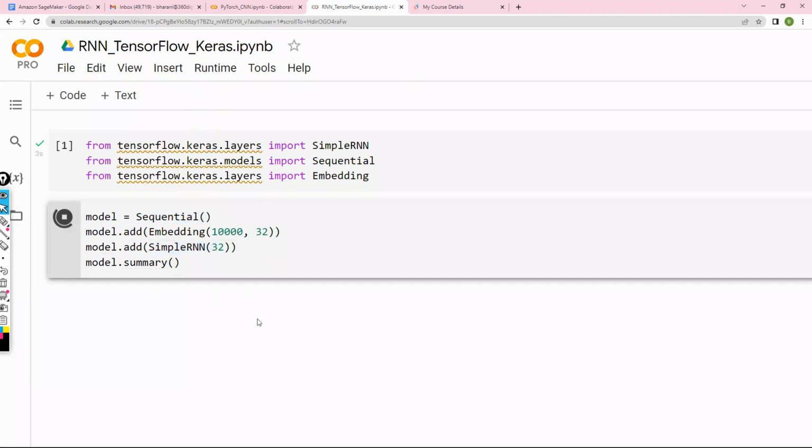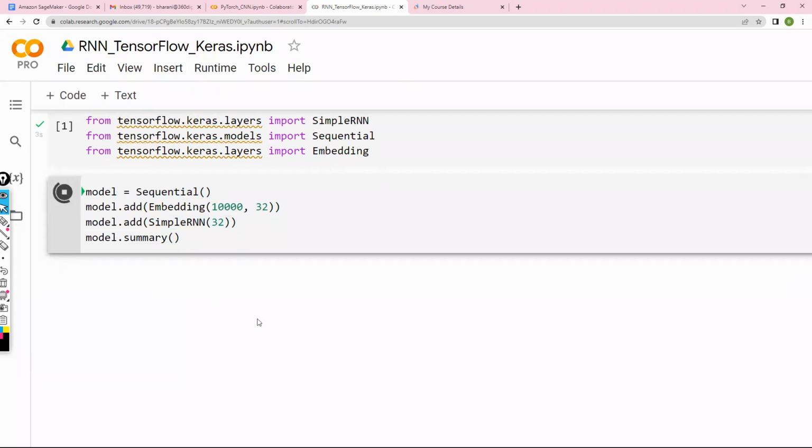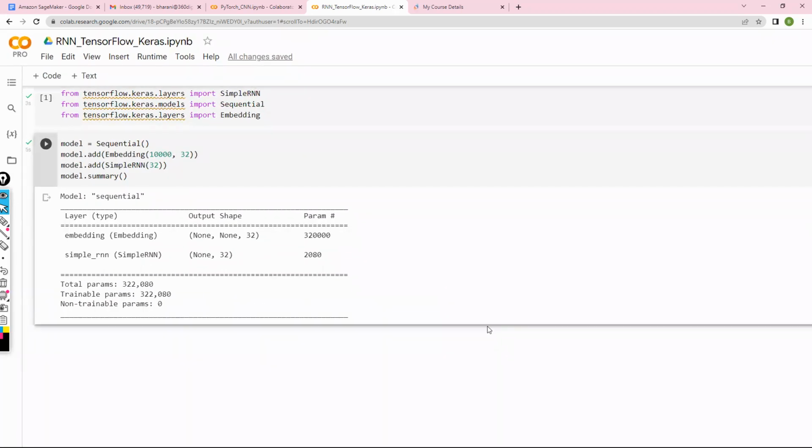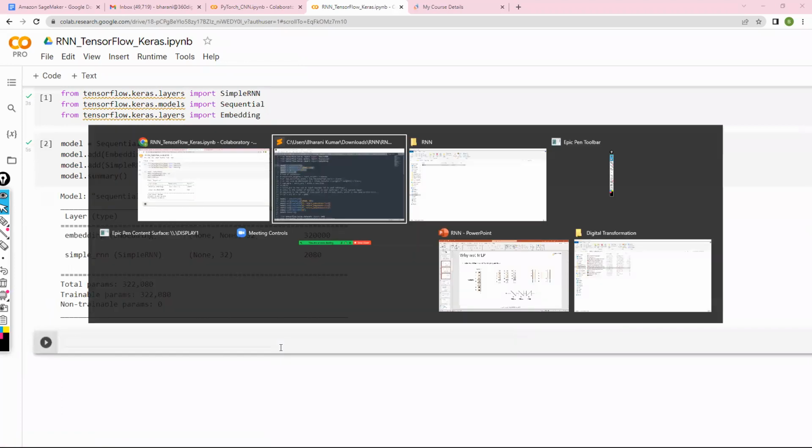Run it. So you have 32,000 parameters that your model learns as part of embedding, and you again have the RNN, which has 2080 parameters. So let me add a new line of code.